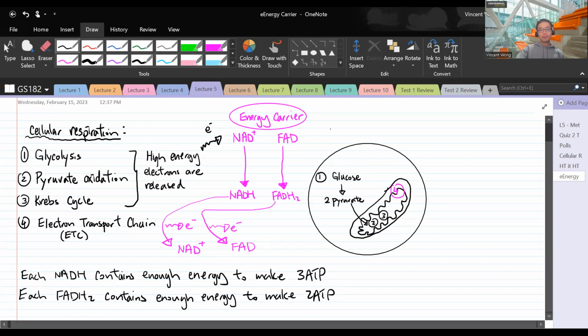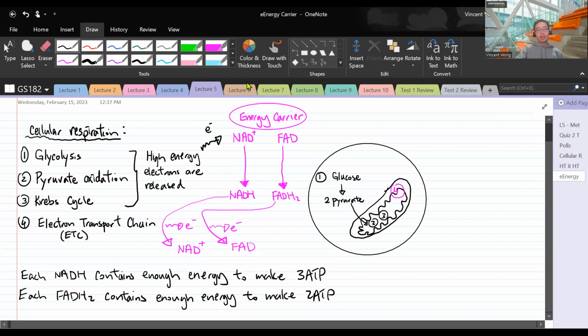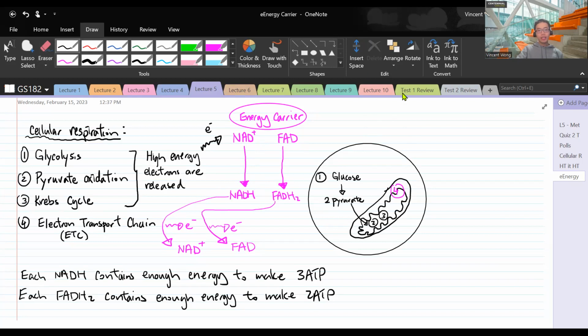And I should also ask you over here, when the NAD+ becomes the NADH, how would we describe this? Would we say NAD+ is oxidized into NADH, or would we say NAD+ is reduced into NADH? What's the right way of describing that? Oxidized or reduced? Oxidized. Okay, that's a good try.